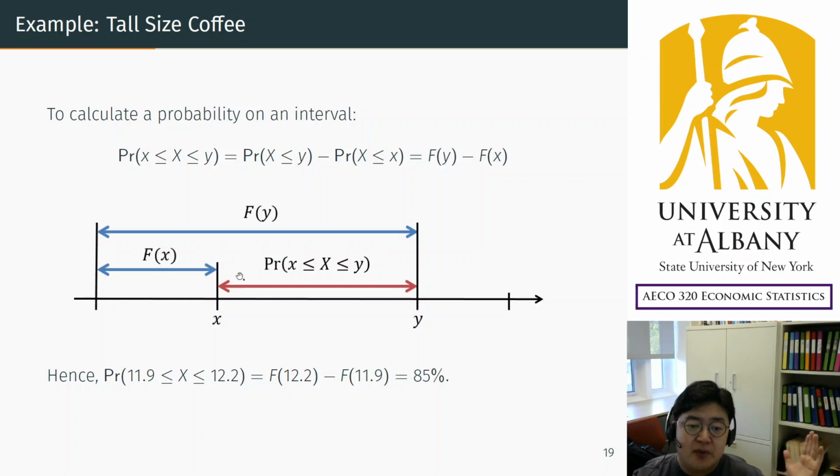But what you want to know is the probability length in between these 2 points. How can you calculate that? If you take probability as a length, it is easy. You know the length of the larger interval, and you know the length of the smaller interval, and of course their difference is the length of the interval we want to know.